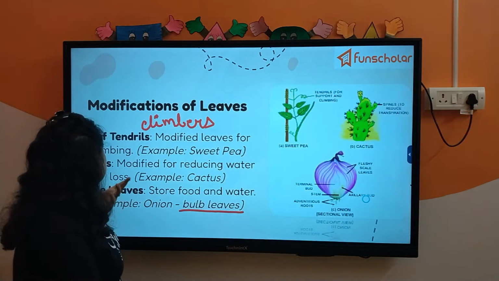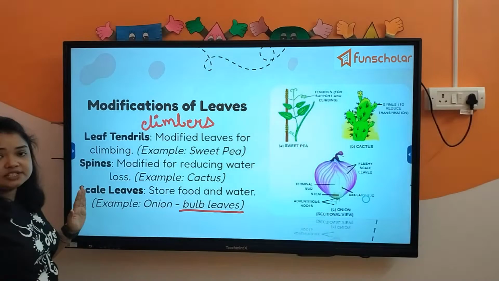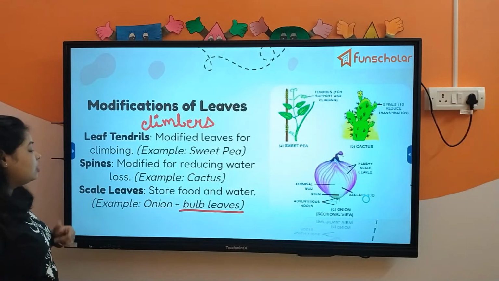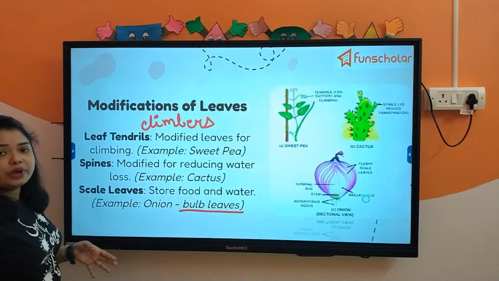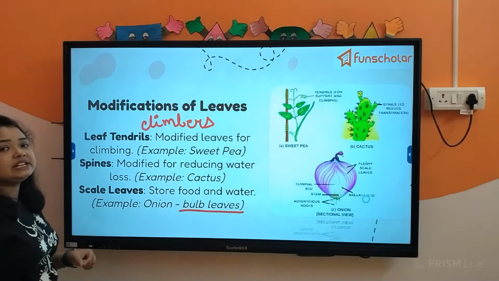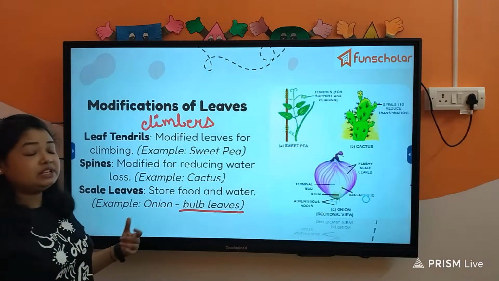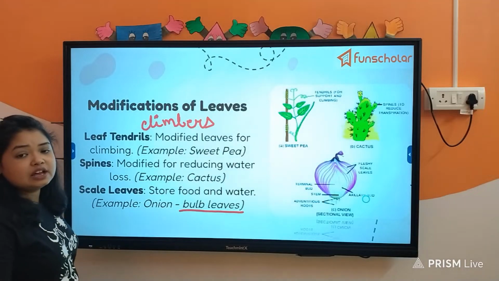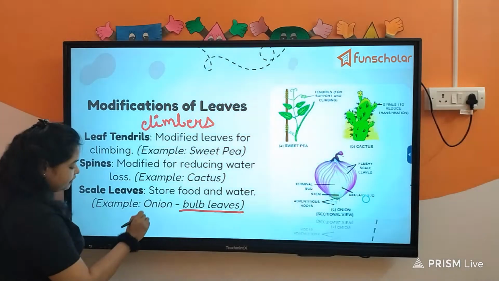Similarly, as you have seen in case of spines and scale leaves, in both these conditions the plants usually grow in hot or arid conditions, where they need to store the water because there is scarcity of water. And another thing which has been discussed in the video is about the storage leaves that we can also find in case of aloe vera.